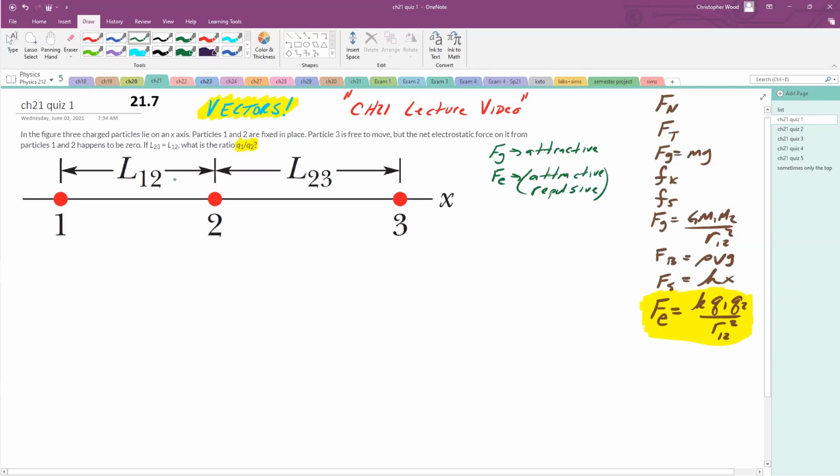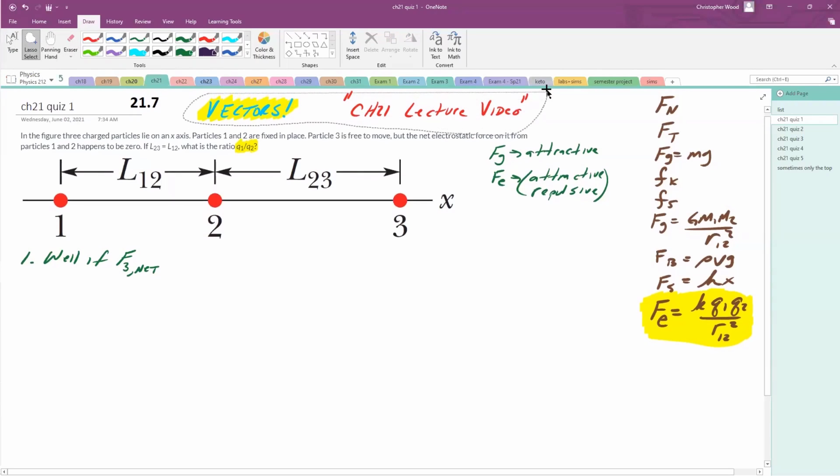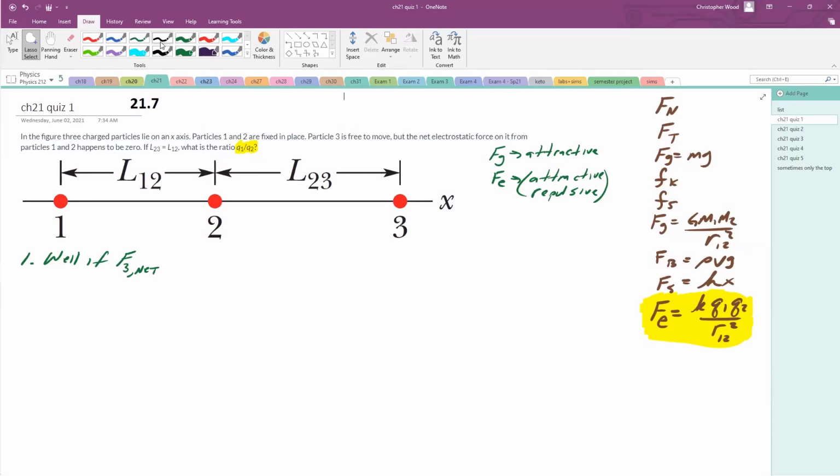So what to do? If the force on 3, net, this is how I'll write it, in subscript notation. Let me talk about convention, a little sidebar. I think we've been doing this, but I want to stress it again.